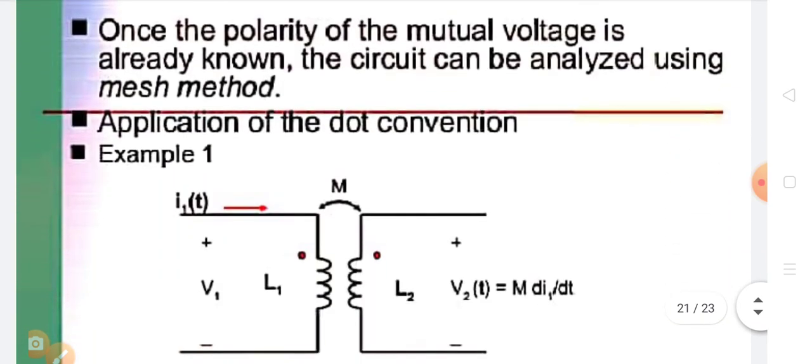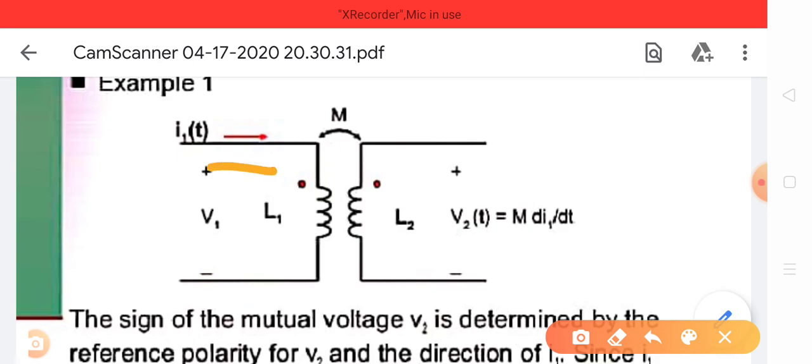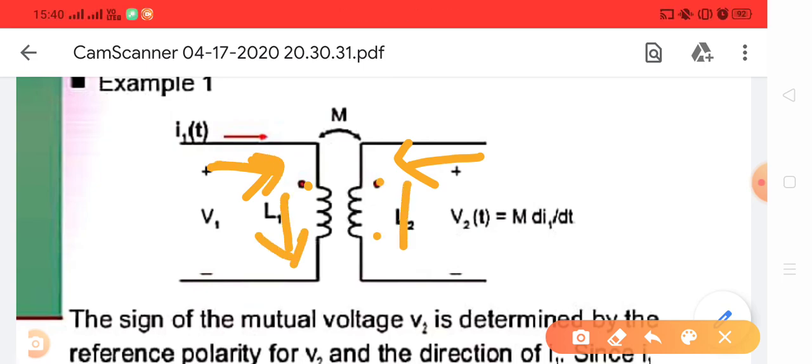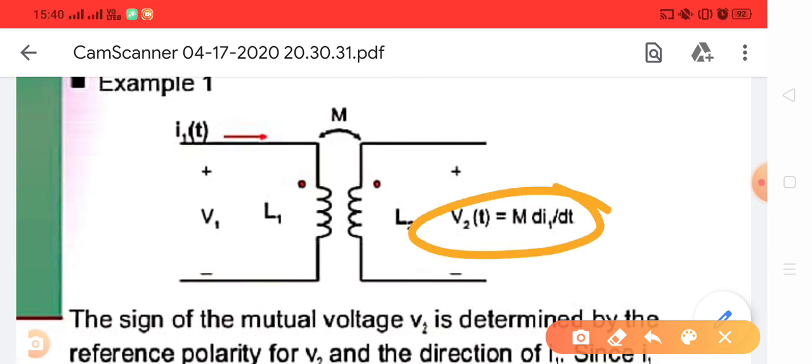If you see the diagram, in the first example the current is entering in this direction, I2 is in this direction, and L1 and L2, these two are the entering points. I1 is entering here, I2 has the same direction, and the dots represent that these two are the entering points, so that's why we get the mutual inductance here as positive.